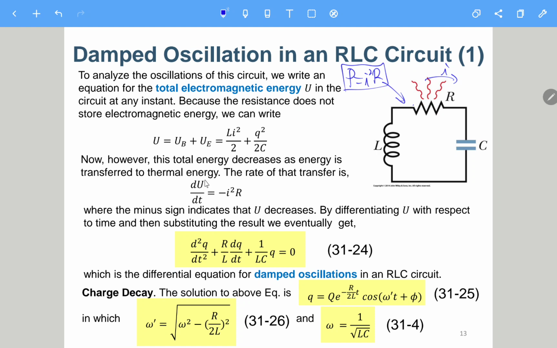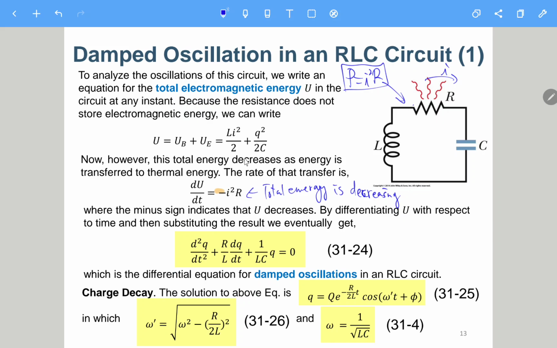As much as the resistor is consuming power, the total energy should be reduced by that power consumption. So here we have dU/dt equal to negative, which means that the total energy stored is decreasing.